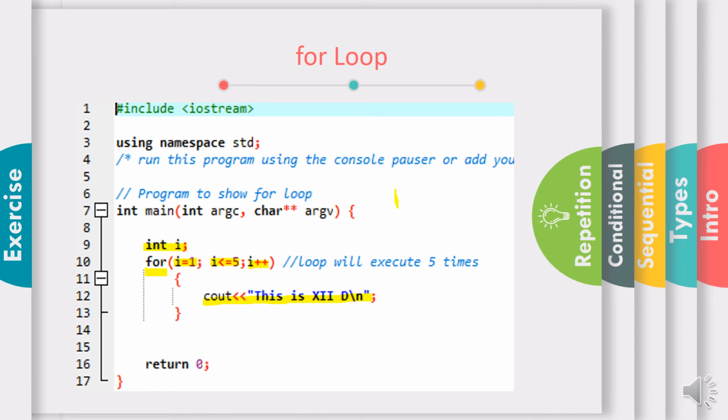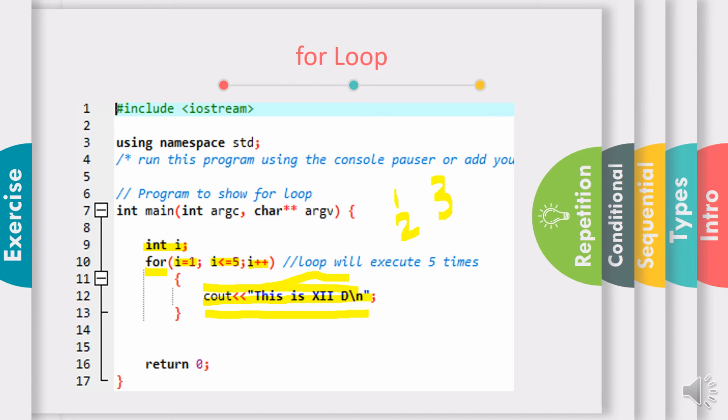Yes, the condition is true. Then again this statement will be executed. Now after 2, again i++, 2 becomes 3. Yes, 3 is less than or equal to 5, the condition is true. Then a third time this line will be executed.